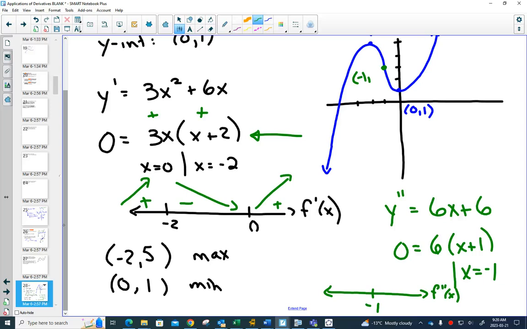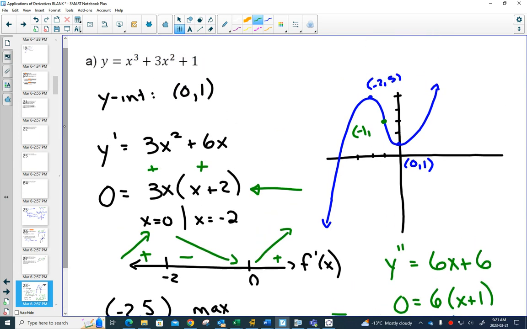So for example, if I plug something in less than -1 into my second derivative, it's negative, and negative makes it sad. So we have concave down, which, as you see from the graph that we drew, did that naturally. And it looks like where I drew the point was pretty accurate, at -1 comma something. If I plug in something bigger than -1 into my second derivative, this is positive, and it's concave up.